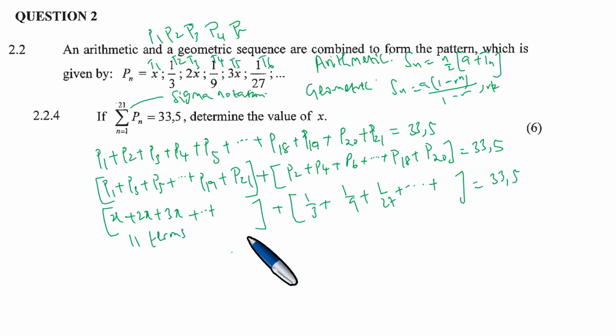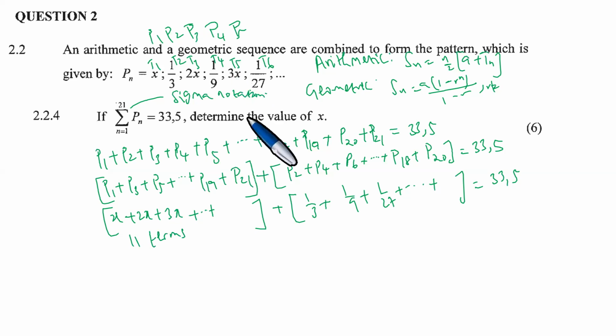what will the last one be? Think about it. You have a total of 11 terms. Now if you have a total of 3 terms, you have up to 3x.